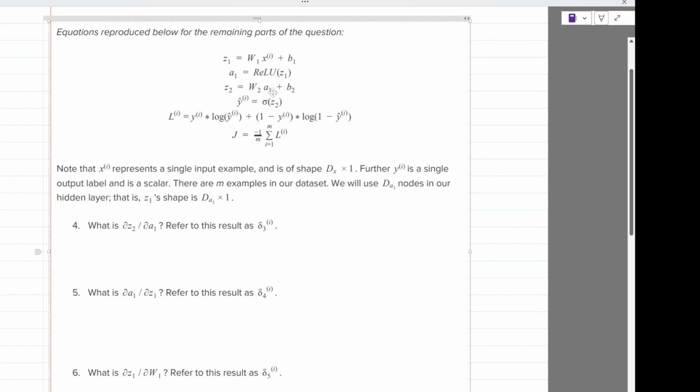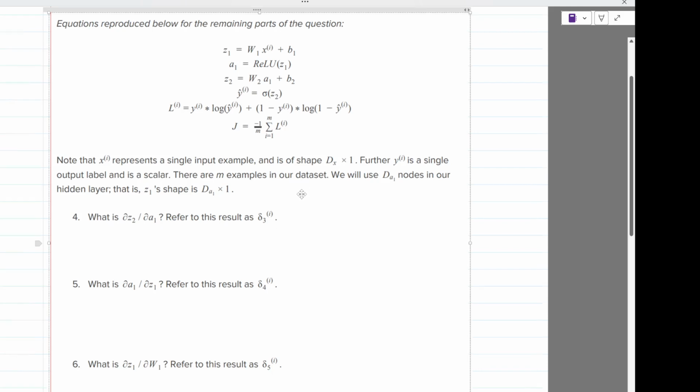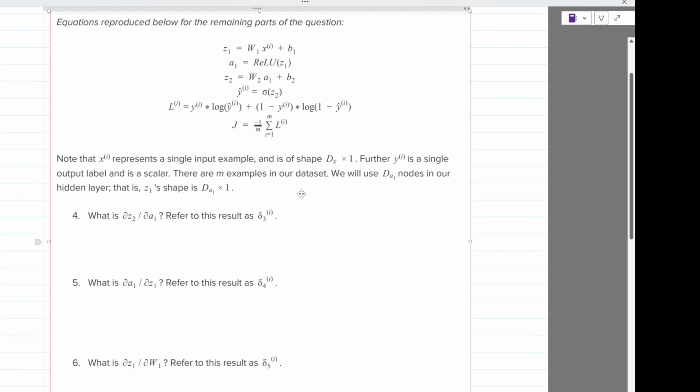Del z2 by del a1 will be this weight matrix, right? Because z2 is a vector. Z2 is a vector of shape, what is it?